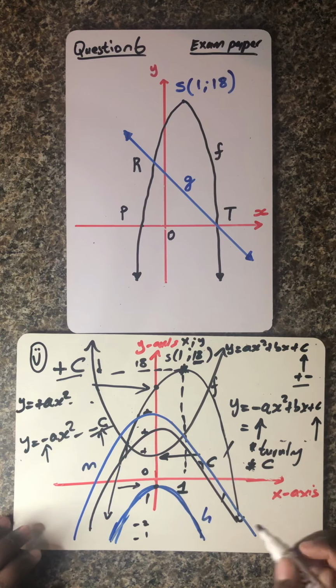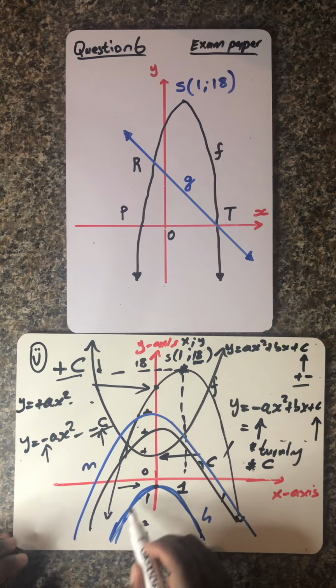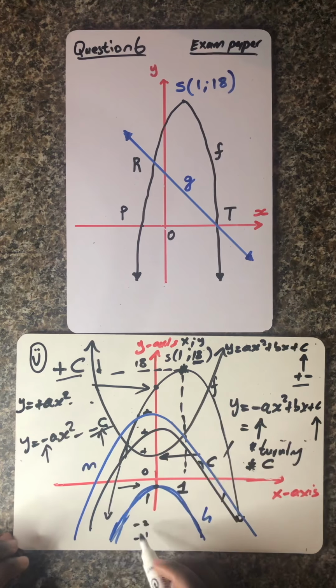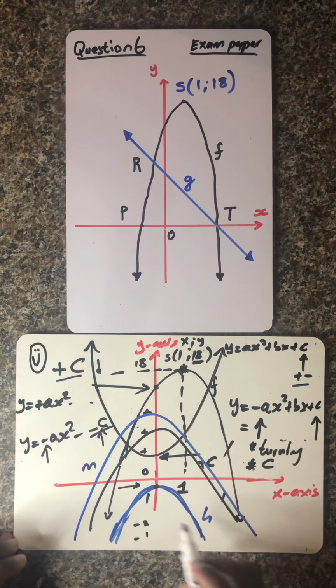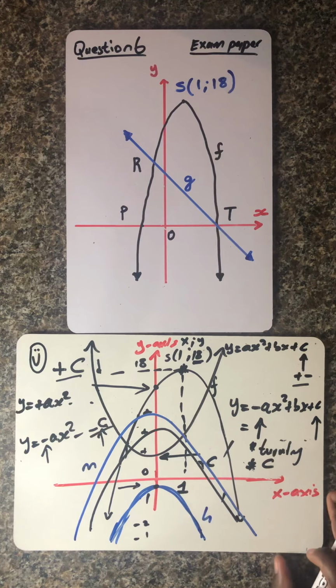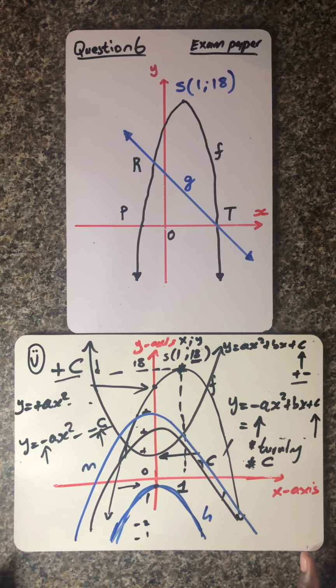In short, it can serve as a turning point and again as the y-intercept, the c value where the graph of h cuts the y-axis. Ladies and gentlemen, it's all dependent on how the graph is drawn. You just need to be able to interpret it such that it makes sense.